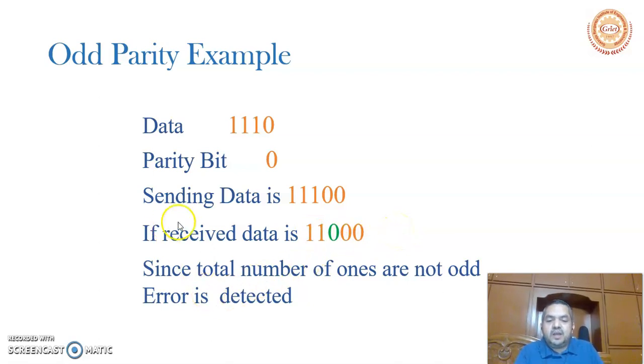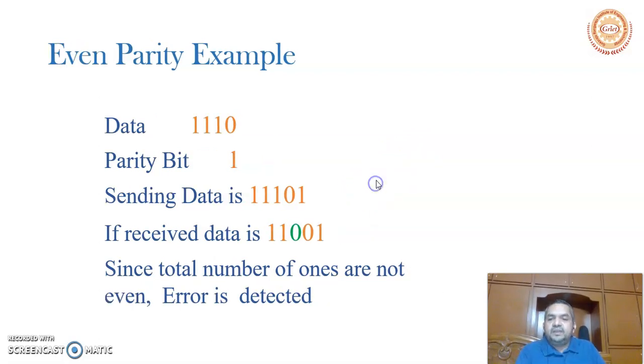Since the total number of ones is not odd, error is detected. This is the way of sending and receiving the data. Here a 1-bit error is detected. Where is the error? I cannot tell here. This is detection only. I will tell whether there is an error or not.